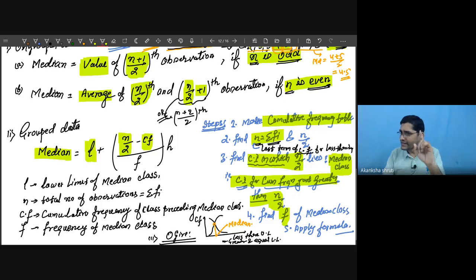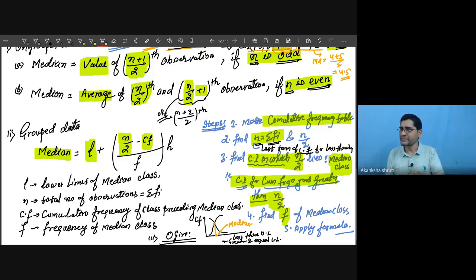Here, the very first thing we need to do is draw the cumulative frequency for the given data. From that cumulative frequency, we have to find the median class. So from that cumulative frequency, whatever the given median class is, just above that you have to look.